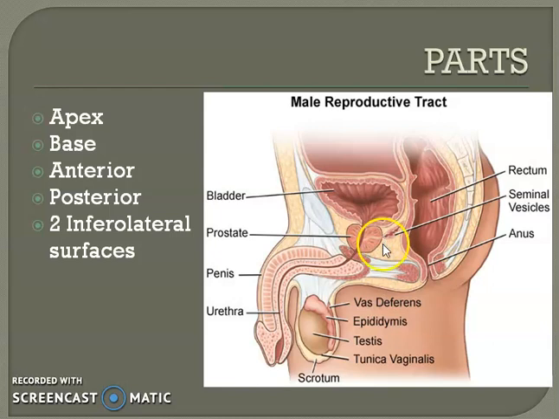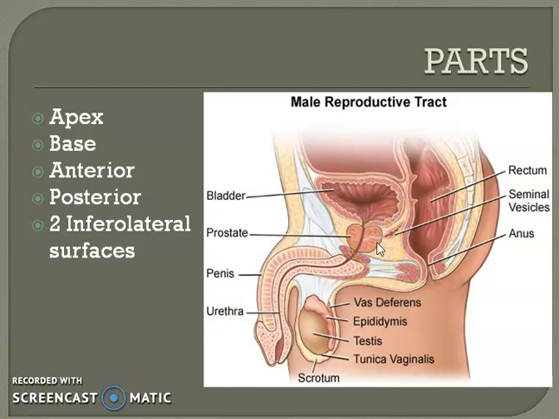The posterior surface is broad and flat and related to the ampulla of the rectum, separated by the rectovesical fascia. This surface is palpated by per rectal examination, which is 4 cm above the anus.